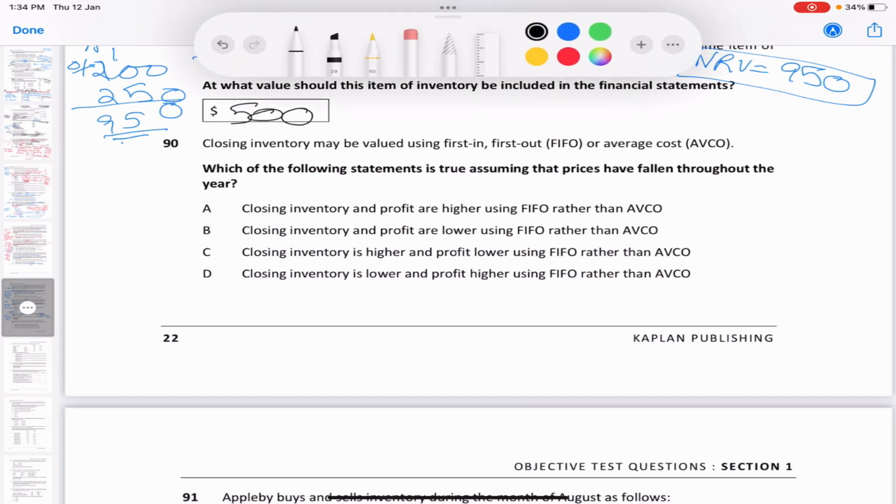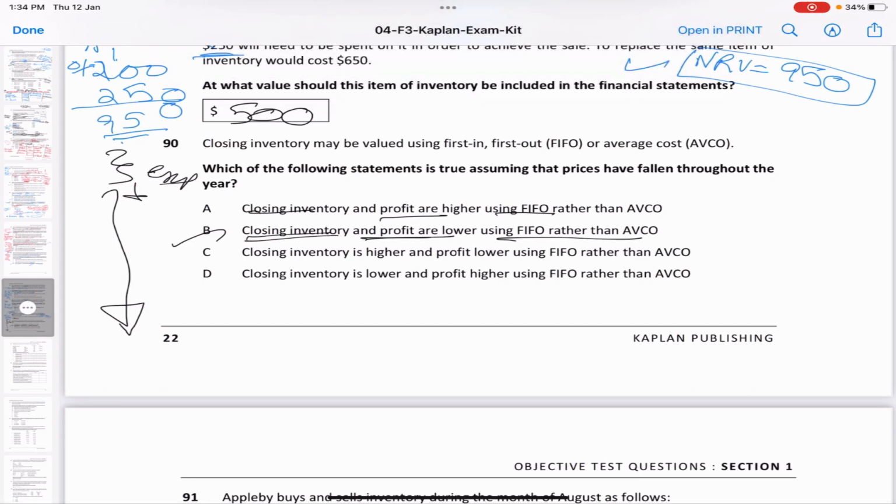Closing inventory and profit are higher using first in first out. So the prices have basically fallen. So closing inventory and profit are lower using FIFO, right? Because the initial ones were expensive, but you're selling at a lower price because the prices have fallen. So my closing inventory and profits are going to be lower with FIFO.